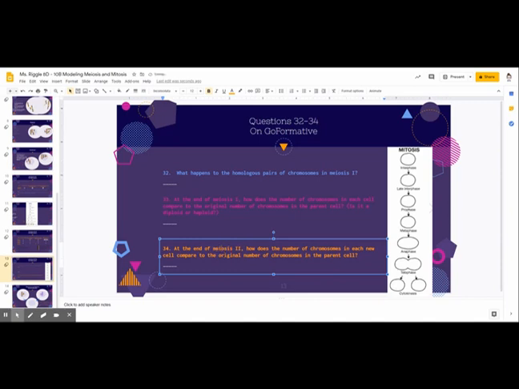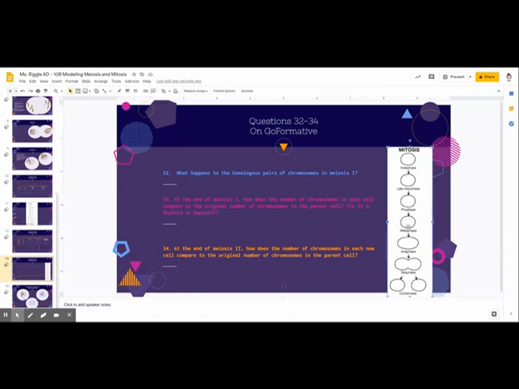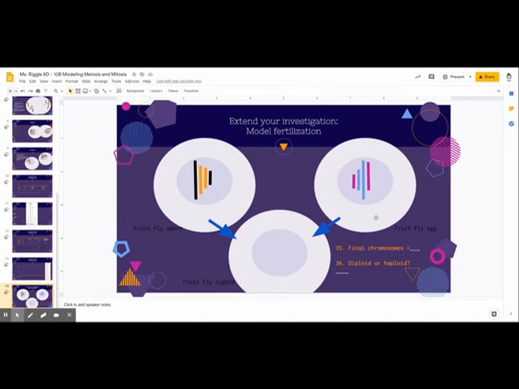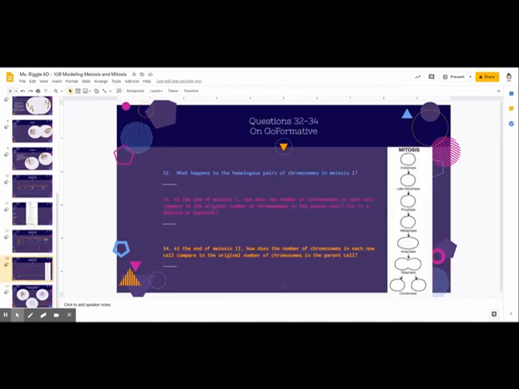At the end of meiosis 2, how does the number of chromosomes in each new cell compare to the original number of chromosomes in the parent cell? And why did I put that diagram? That is the wrong one. My bad. All right, so at the end of meiosis 2, we have our gametes. Are those diploids or haploids?